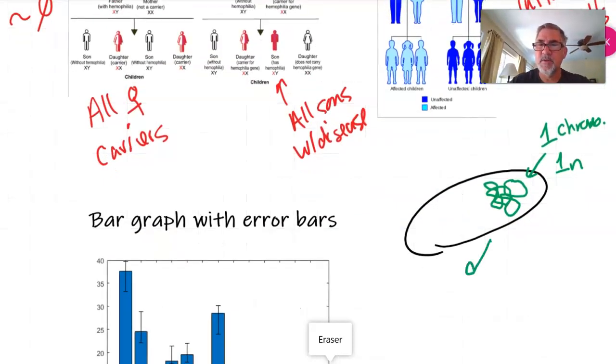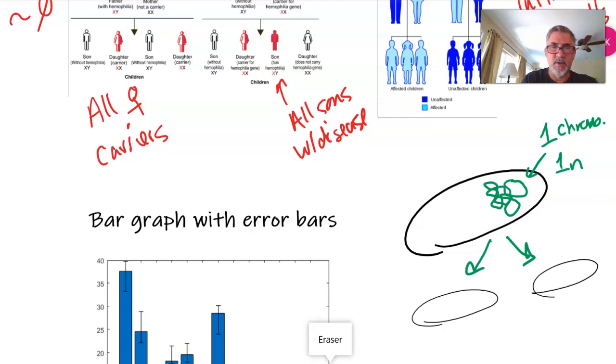And these reproduce by binary fission or budding, and it produces more mitochondria, which are clones. Right? So all the mitochondria will be the same.